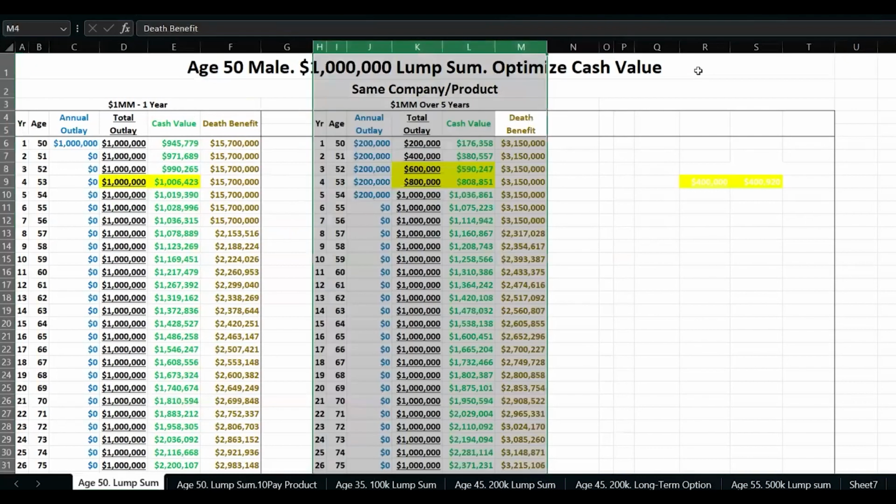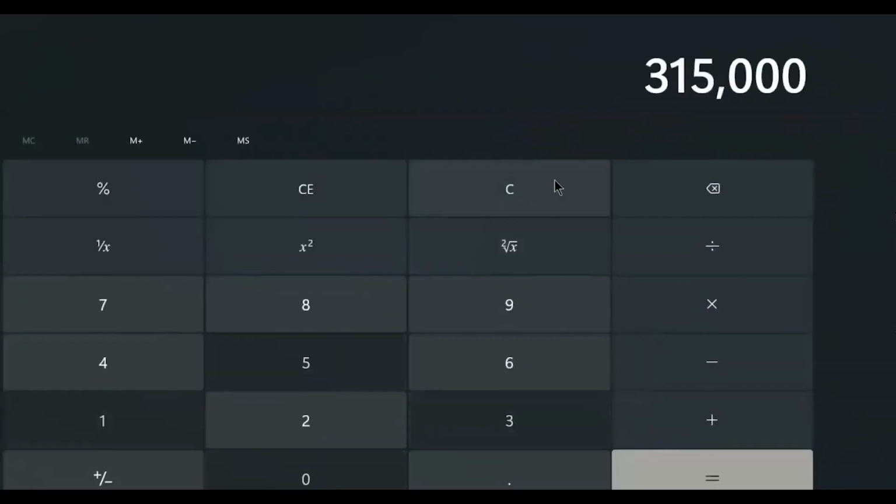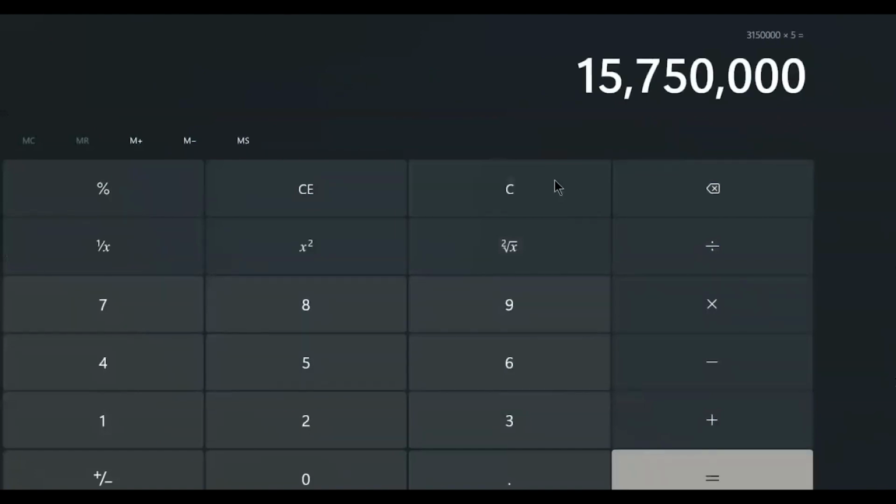So what we've got here is the 5-pay. Same product, but $200,000 per year. $200K in, death benefit, $3.15 million. Do me a favor and multiply that by 5. What do you get? Look at that, 15.75.